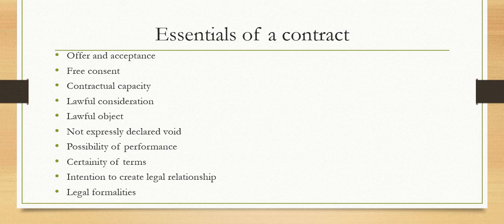They should come into an agreement with free consent, not by force or influence, or by mistake, misinterpretation, misrepresentation, or fraud. Nothing should come into the picture. It should be of free consent between both the parties.